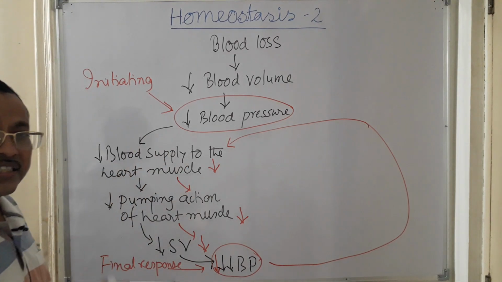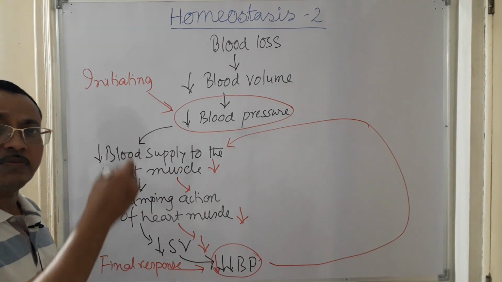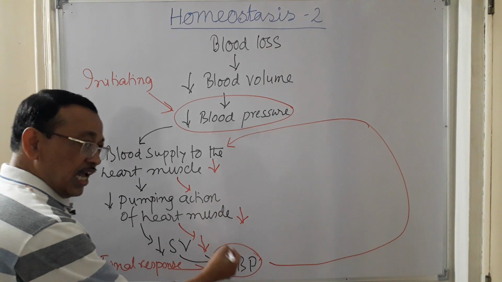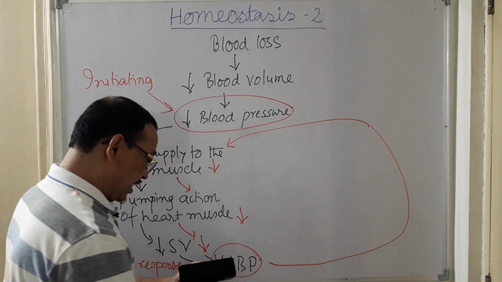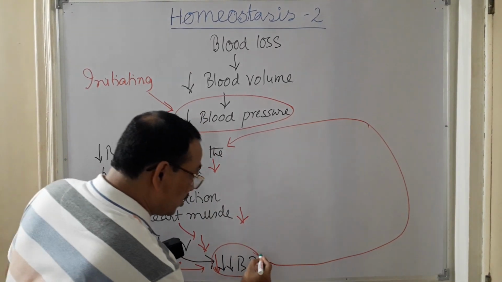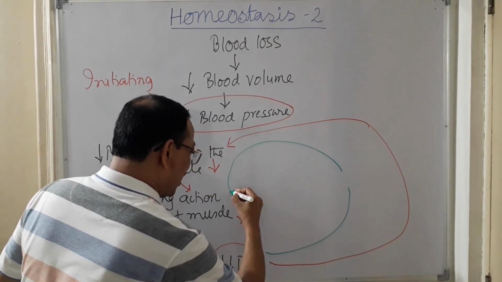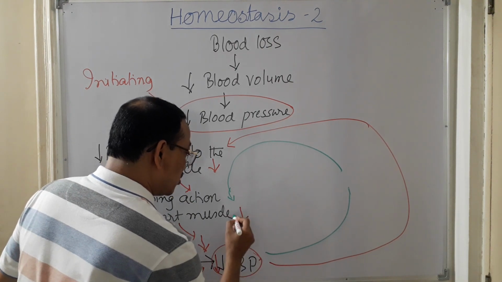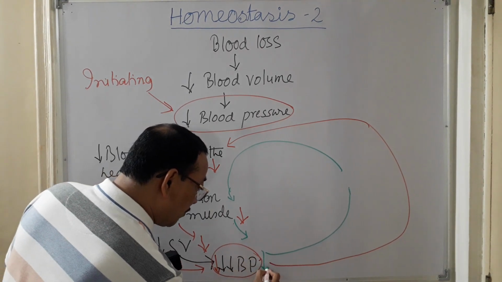So blood pressure is getting reduced in each and every cycle, and this cycle will be continued. Because of this continuous cycle, there is too much fall of the blood pressure.